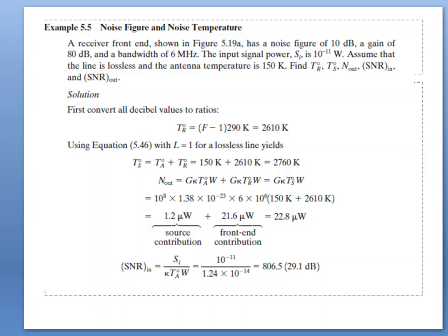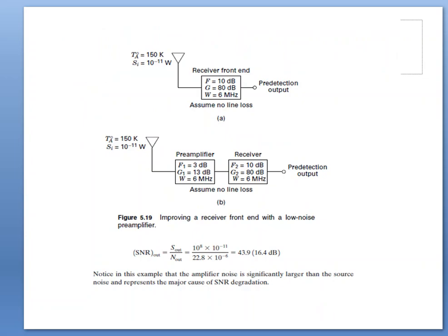Now we have to calculate the SNR in. SNR in is equal to Si divided by k T naught W, that is approximately equal to 806.5 dB. And see this, assume no loss in the receiver front end, assume no loss, pre-amplifier and receiver.